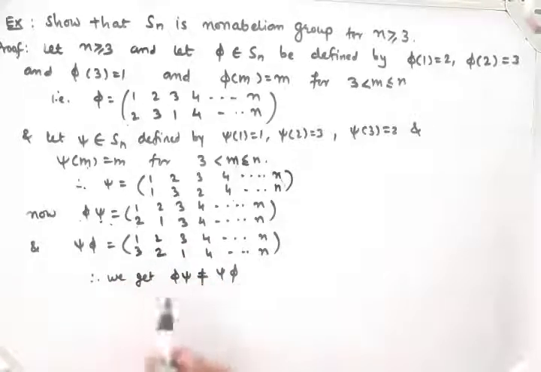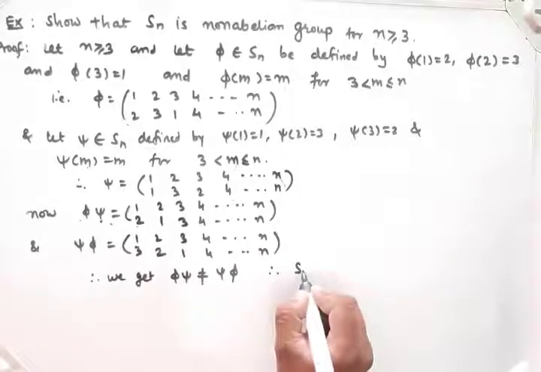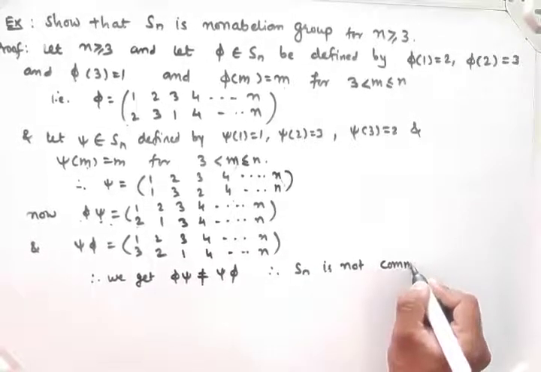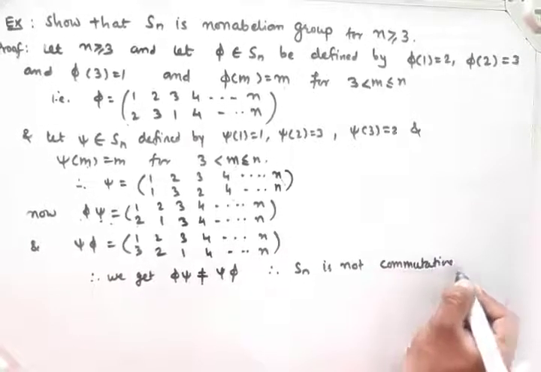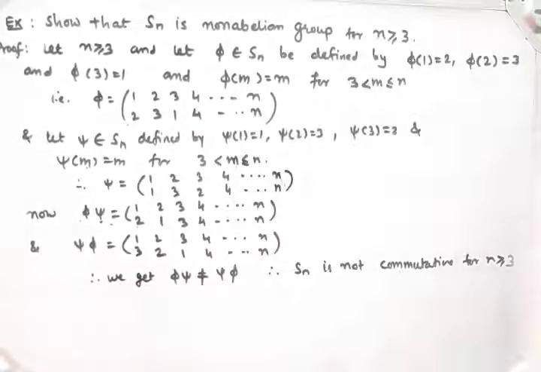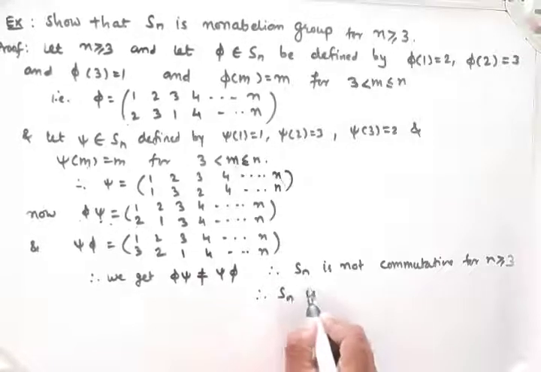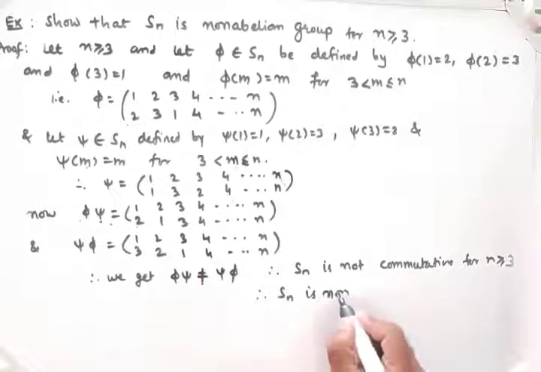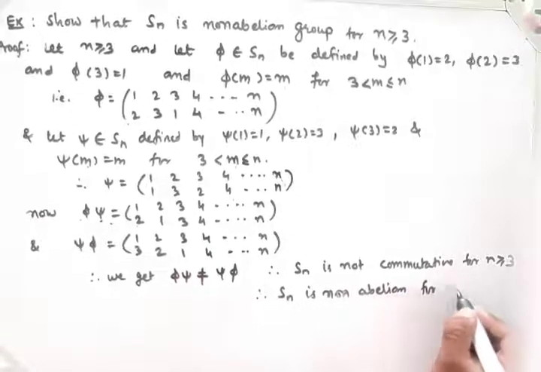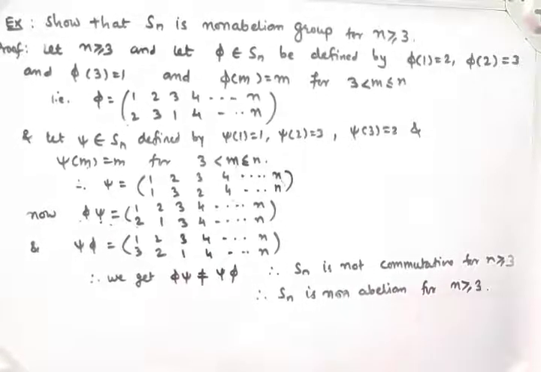So both permutations are not equal, therefore phi psi is not the same as psi phi. Therefore Sn is not commutative for n greater than or equal to 3, which means Sn is a non-abelian group for n greater than or equal to 3. Hence the proof.